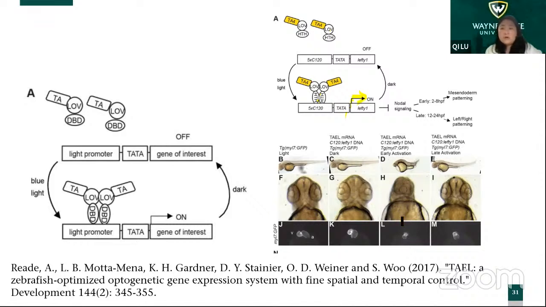So in the knockout mutant zebrafish, after turning on the DNA transcription with this optogenetic tool LOV, it forms a normal morphology. So it's a rescue, falling back into a normal morphology of the zebrafish.